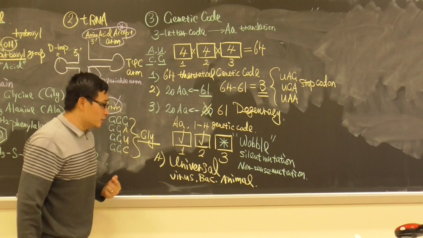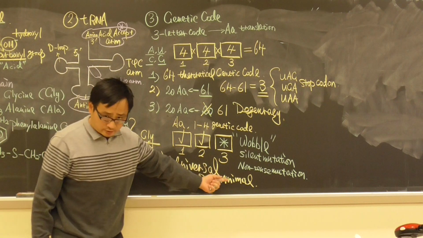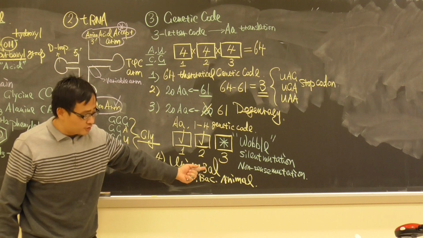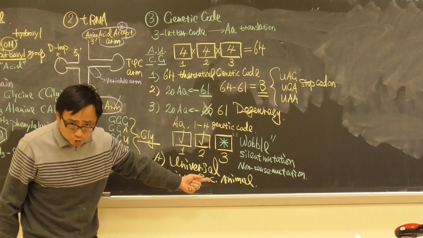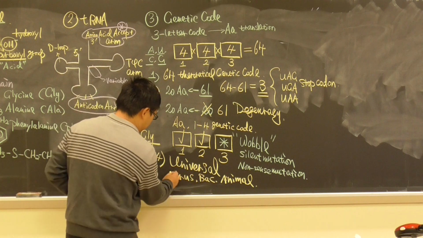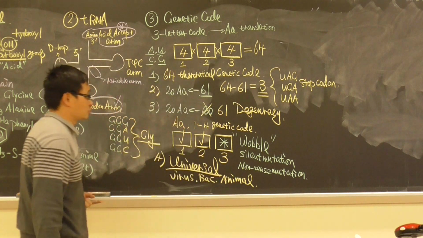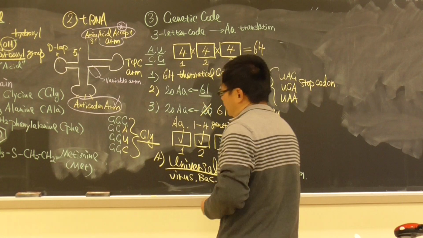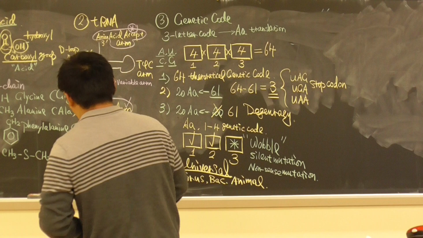There is only one exception for animals, which is the mitochondria. If we talk about genetic code inside of mitochondria, it is different. Okay, so I just want to tell you one thing. Most of them are universal. So this is what we talk about genetic code. Okay, we finished talking about this basic knowledge.